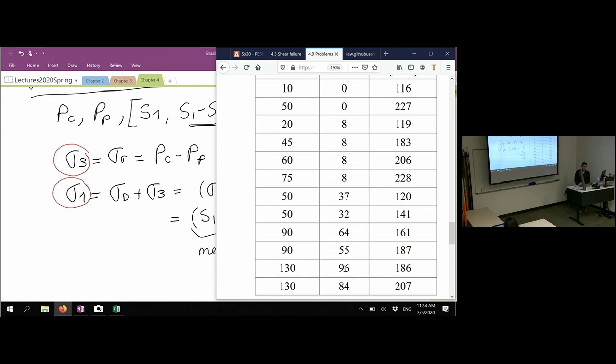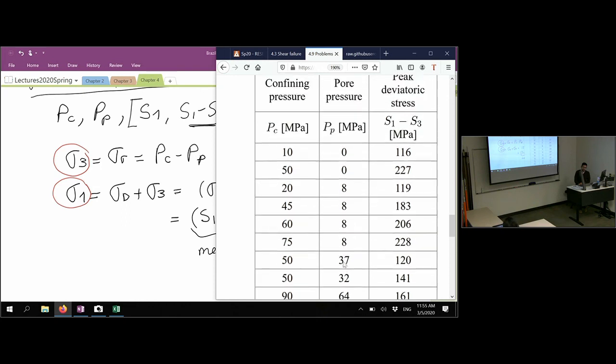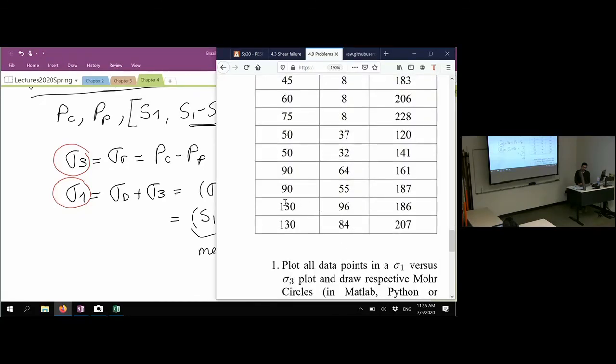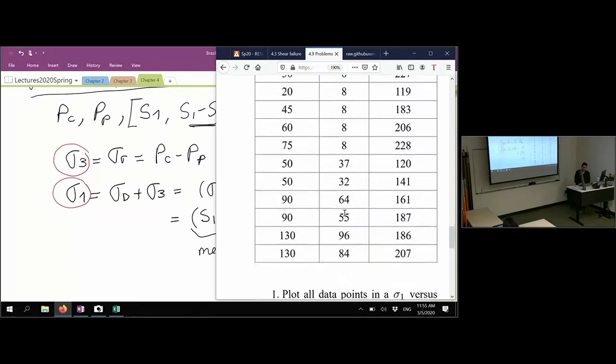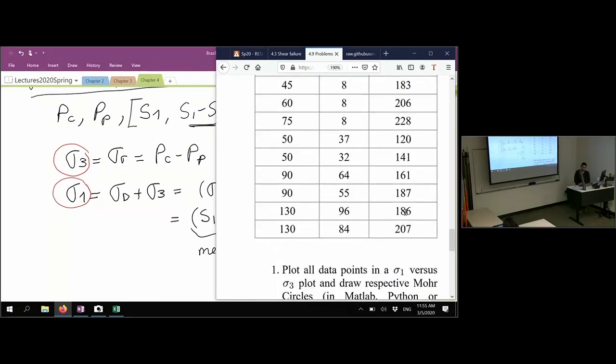So that's quite a big pressure. But the total stresses that you're going to need are quite high too, 130 MPa in this case. In order to fail it, you need an additional 186. But once you subtract the pore pressure, you would see that those values are more or less the same as the ones with a low pore pressure.